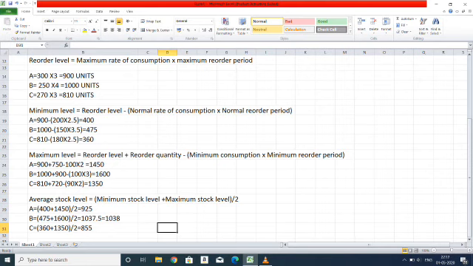Then maximum: A 1450, B 1600, C 1350. Average stock level: A 925, B 1038 and C 855.